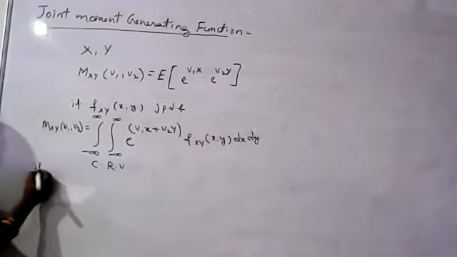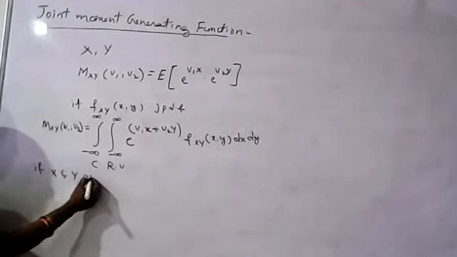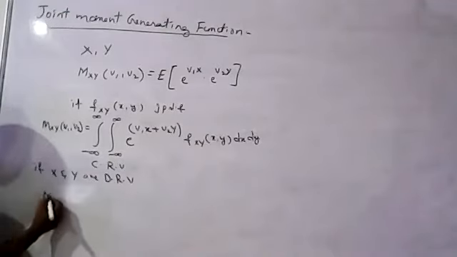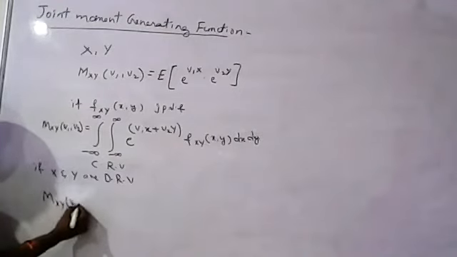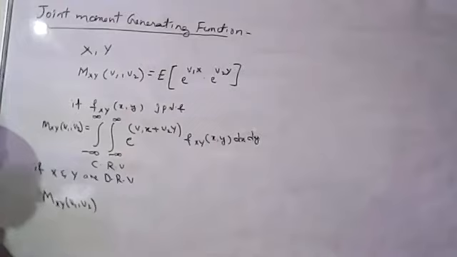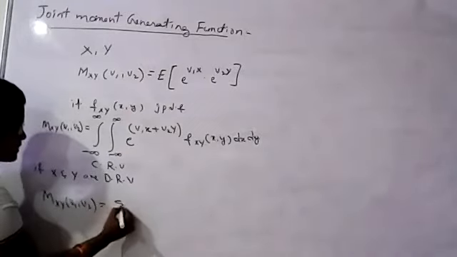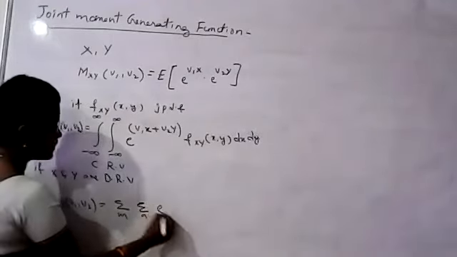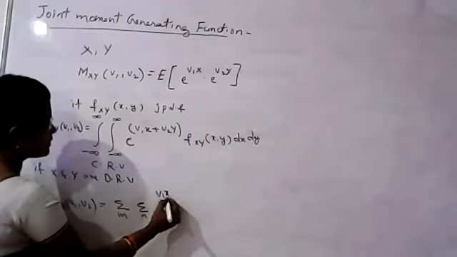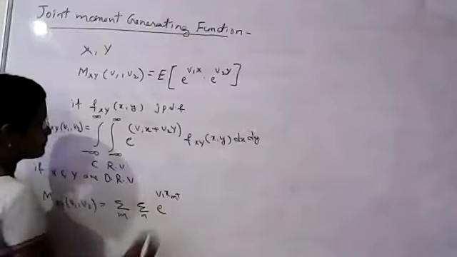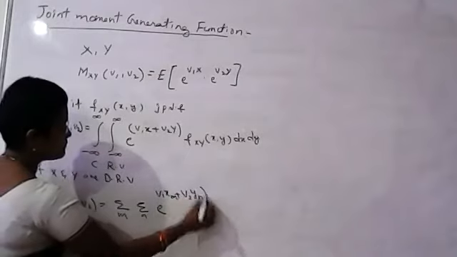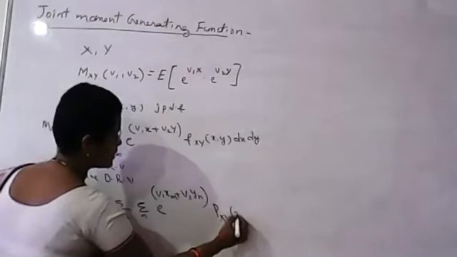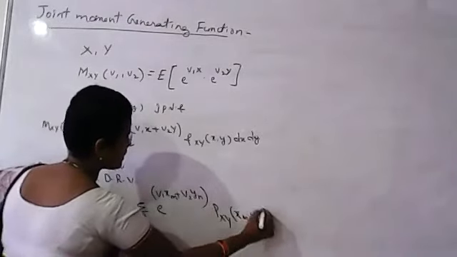If X and Y are discrete random variables, the joint moment generating function will be given as M_XY(v1, v2) equals the summation with respect to m, summation with respect to n, of e^(v1 x_m + v2 y_n) times the probability mass function P(x_m, y_n).